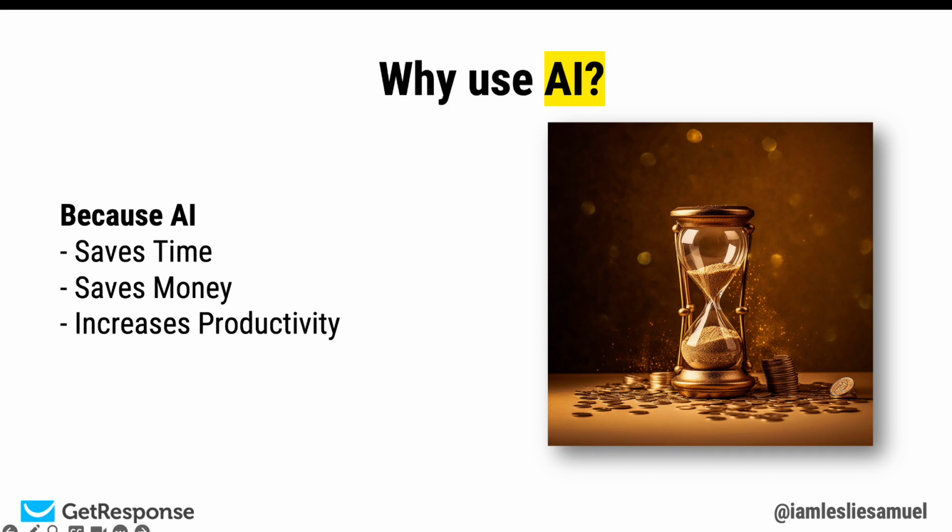It also saves money because a lot of the things that you would pay a significant amount of money to experts for, you can actually leverage AI in order to do that. It also, as a result of saving you time and saving you money, it increases your productivity. So if saving time, saving money, increasing productivity sounds good to you, then you're in the right place.